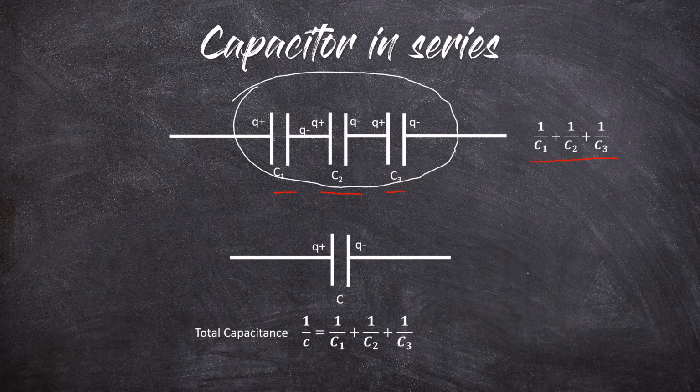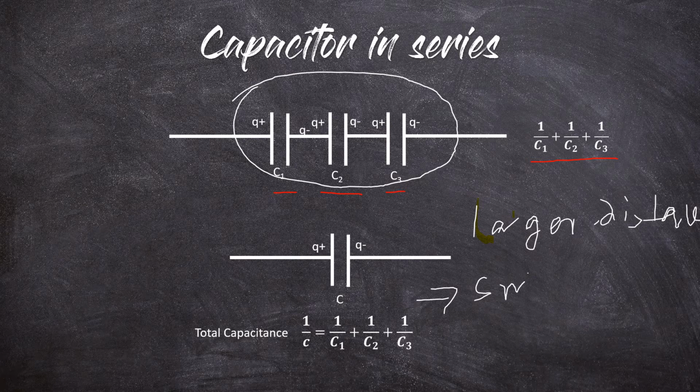An extra thing you need to remember is that multiple capacitors in series can be viewed as a single capacitor with a larger distance between the plates, and a smaller capacitance.